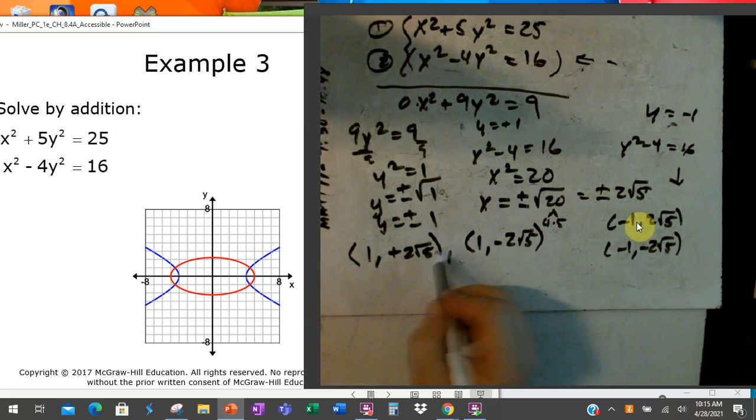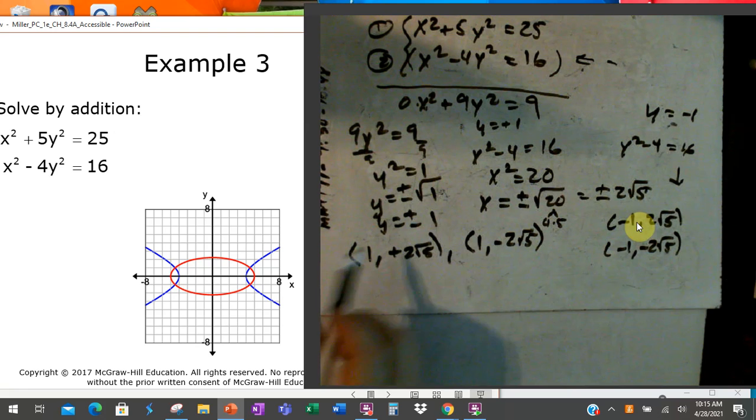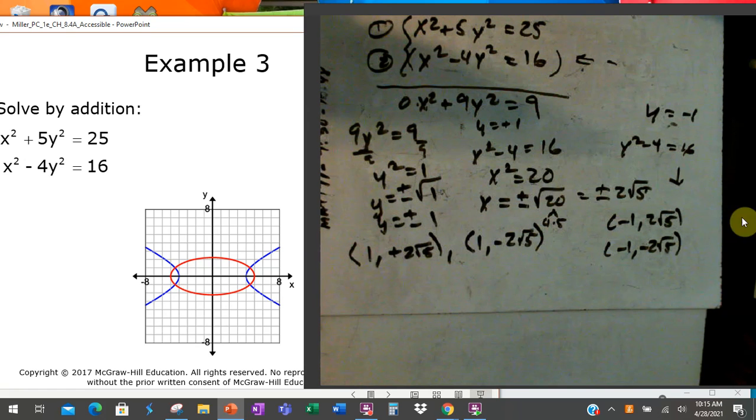So I get all of these solutions, 4 solutions from here. This doesn't always happen to be the same. I could have very different solutions for this side than that side. But that gives me the 4 solutions that I was looking for when I graphed this out.